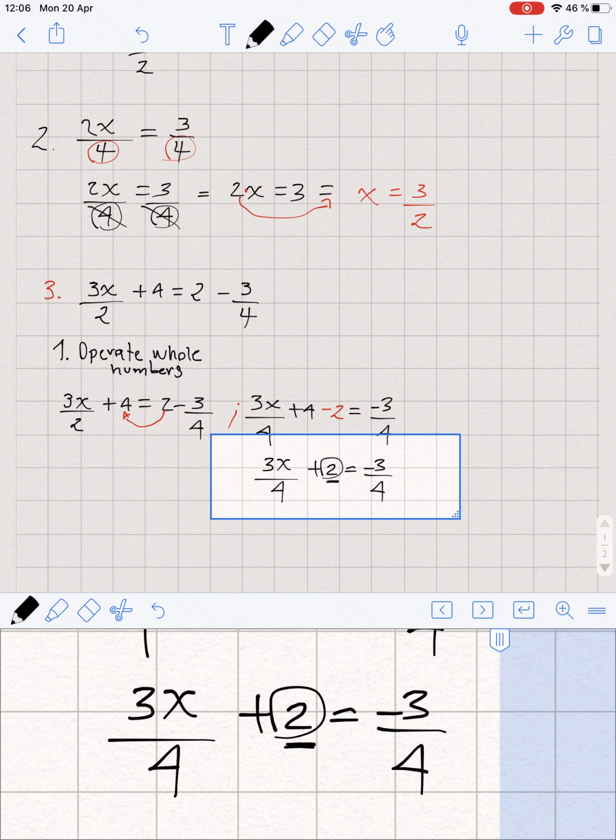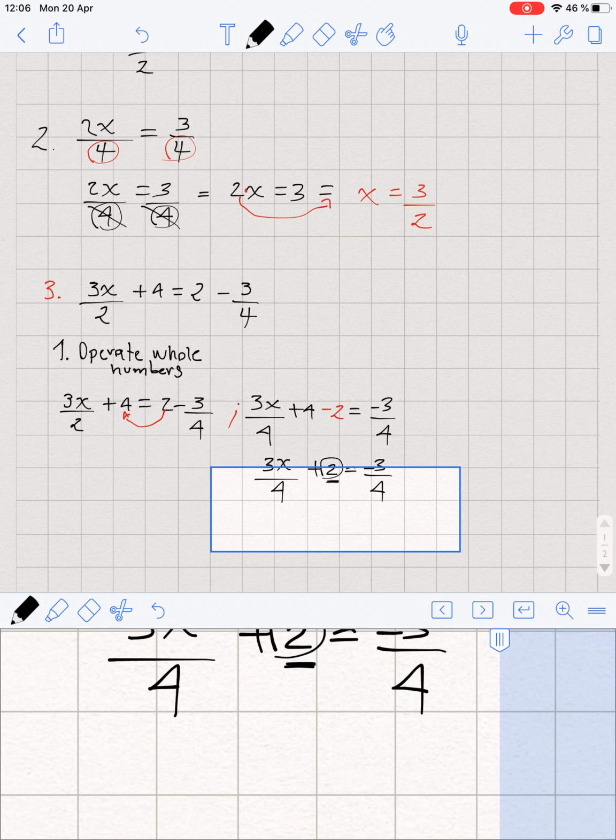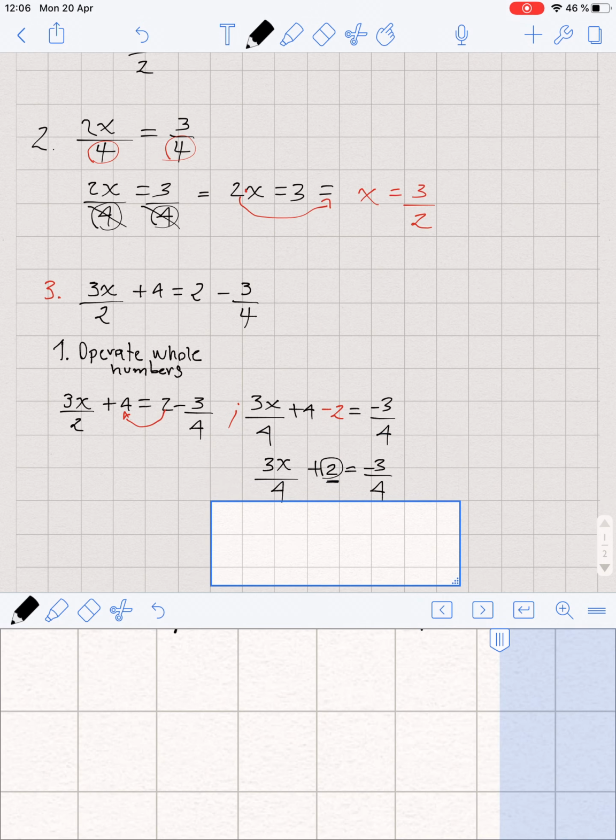In this one, we're going to eliminate all the 4s by doing this. To eliminate the 4 that is dividing, we need to use the same number, but by doing the opposite operation. That means to both sides I'm going to multiply all the numbers by 4.